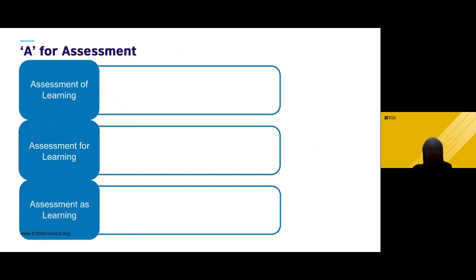Now another little quiz for you. What does each of these assessment types mean? What's assessment of learning? What's assessment for learning? What's assessment as learning? And to help you think about it, in each of them, think what are we assessing and why? That takes me to the next slide.